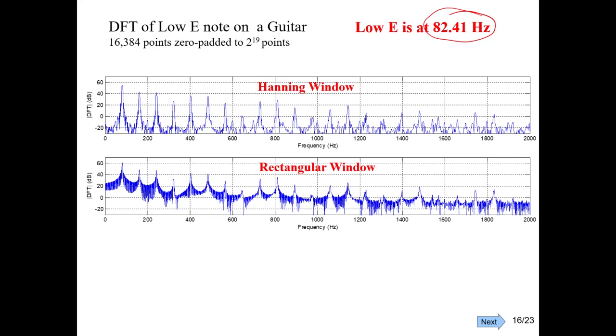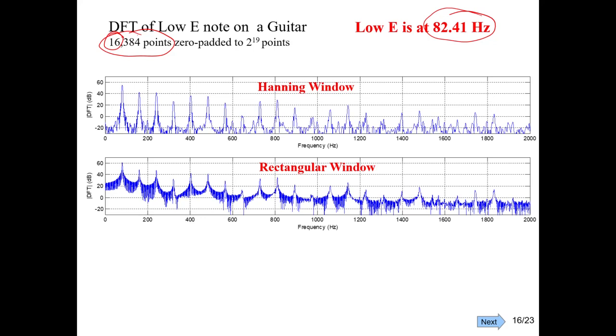And so now I collected 16,384 points. I just plucked it and let it go, probably sampling at 44,100. So 16,000 versus 44,000, maybe about a third of a second that I collected this for.